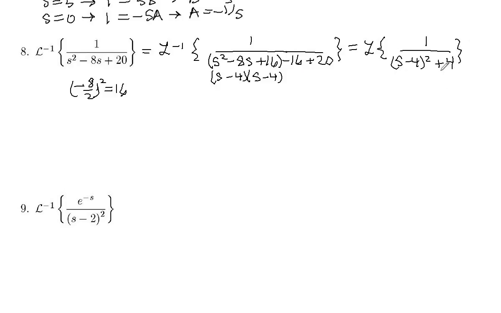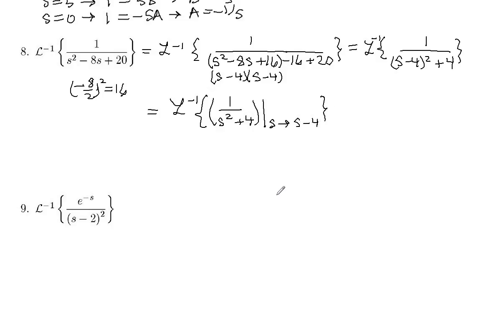So this is one of the basic transforms, but it's shifted. Okay, so this is actually doing the inverse transform of 1 over s squared plus 4, and then shifted from s to s minus 4.